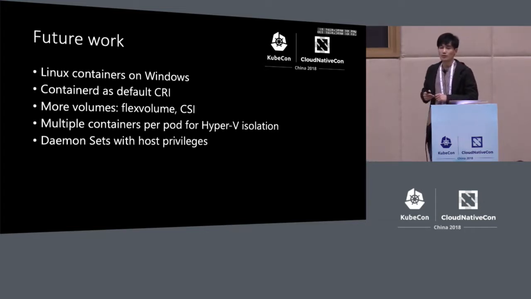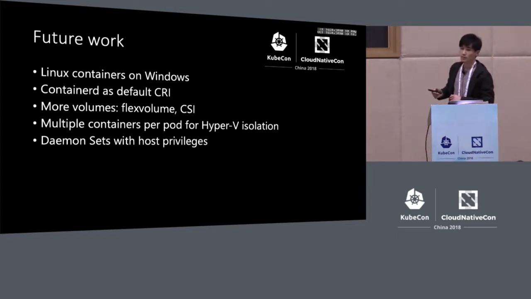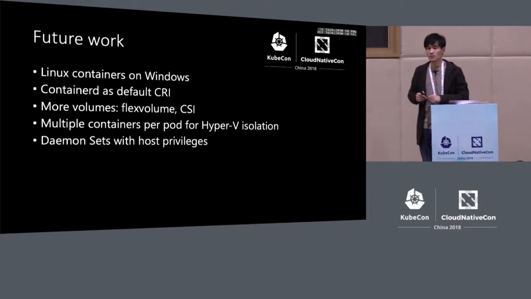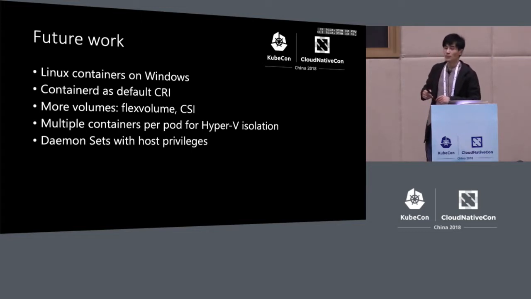And we probably will take containerd as the default runtime instead of Docker, because the release cycle of Docker is even longer than containerd. Also, in terms of storage plugins, especially CSI, in the future, we will also configure the Windows container targeted auxiliary containers to support more plugins, especially the frequently used CSI plugins.